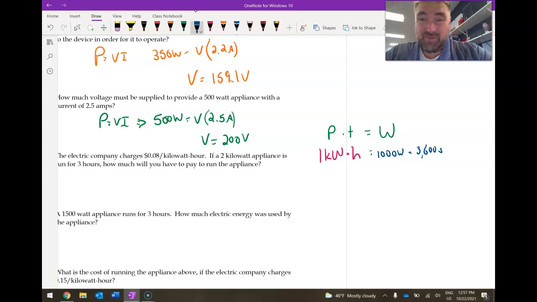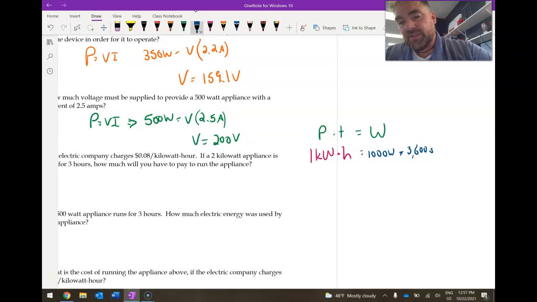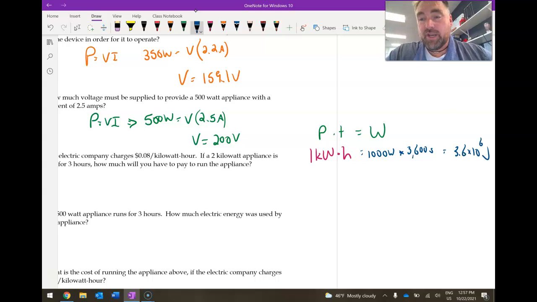I got that by doing 60 minutes times 60 seconds, to get 3,600. So there's actually 3.6 times 10 to the 6 joules in 1 kilowatt hour.